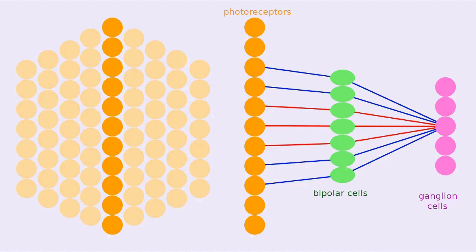Receptive fields come in different sizes and degrees of overlap. In the fovea, they are small for sharp vision, while in the periphery, they are larger for better motion detection, but lower resolution. This balance ensures detailed central vision and broad peripheral awareness.